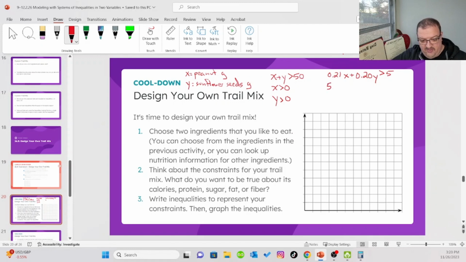So 5.36x plus 5.50y. And they said less than or equal to 400.